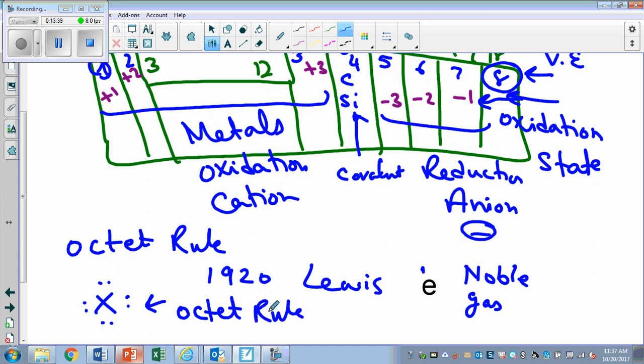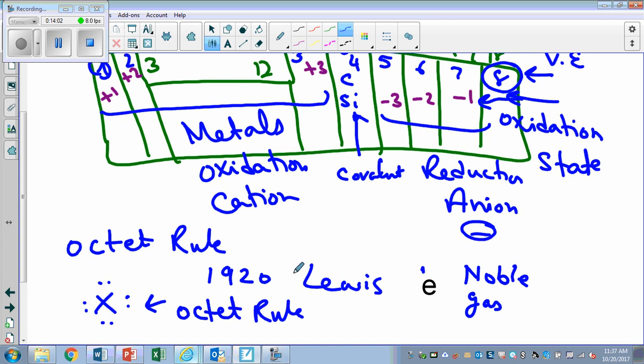But this octet rule is not observed for the elements beyond the second period. Beyond the second period there are a lot of exceptions. But up until the first period and the second period, they all follow the octet rule. They all try to get 8 valence electrons, which means 4 pairs around the central atom.